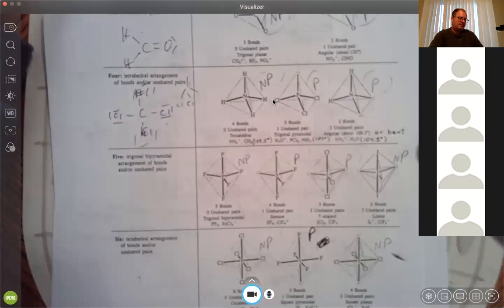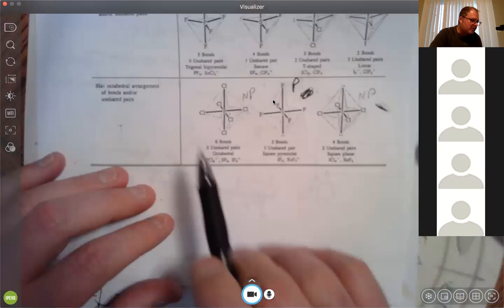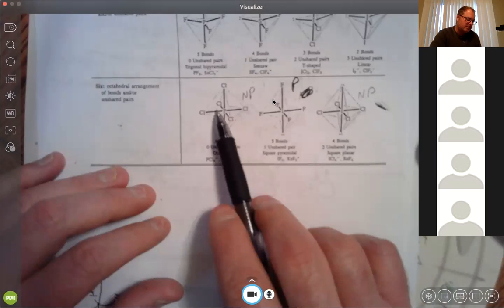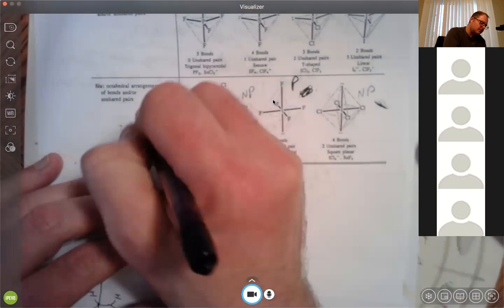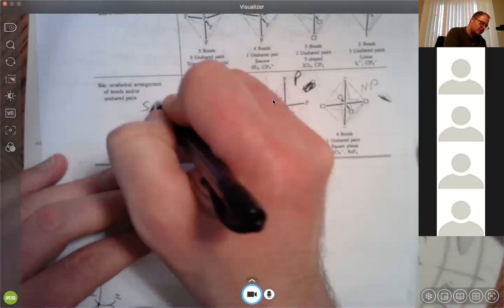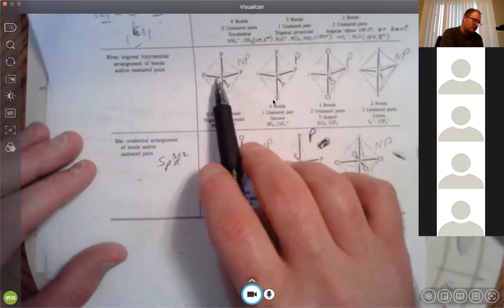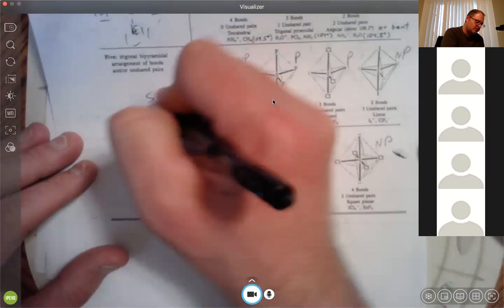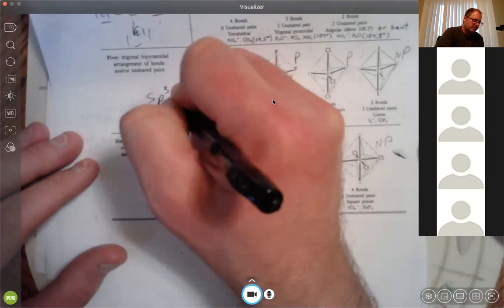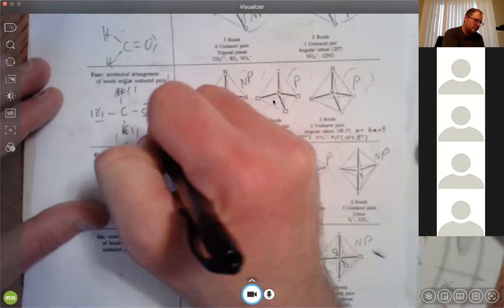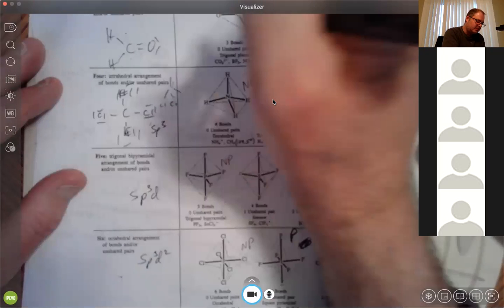And down here, the big one, I think we used to have this written on here: sp, sp2, sp3, sp3d, sp3d2.